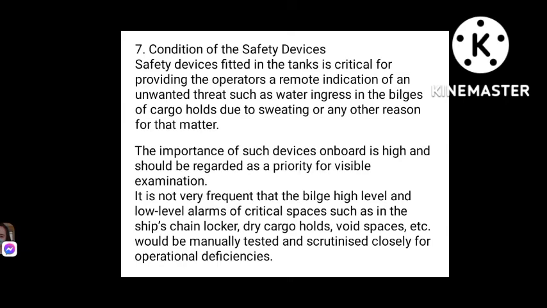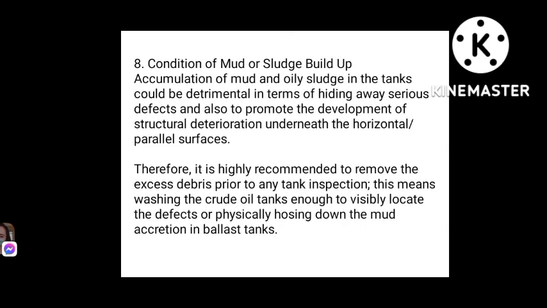So we must avoid that. So 8 is condition of the mud or sludge build up. Accumulation of mud and oily sludge in the tanks could be detrimental in terms of hiding away serious defects and also promoting the development of structural deterioration underneath the horizontal parallel surfaces.